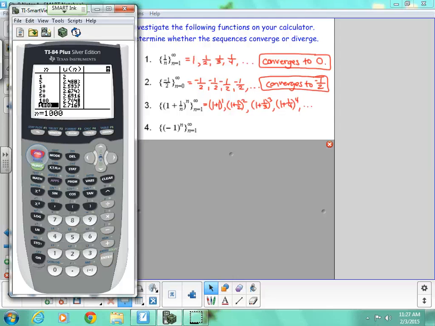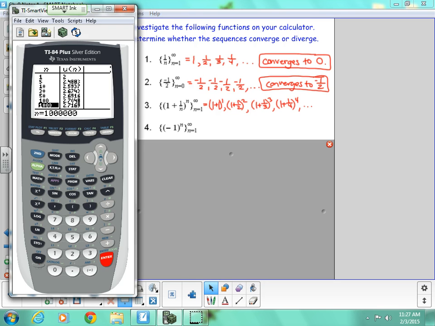2.7169. Wait a minute. 2.7169. 2.716. Ooh. It's going very, very slowly, but it's 2.71, and it's going to keep on getting closer and closer if we were to keep going further and further. Now, this is one where you would say, I don't know what it's going towards. 2.7 something, theoretically, right?